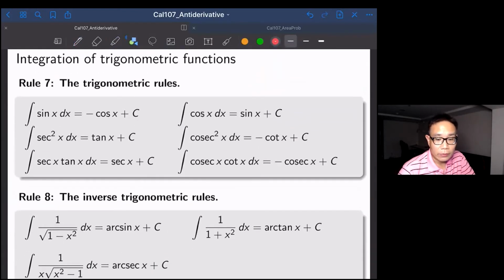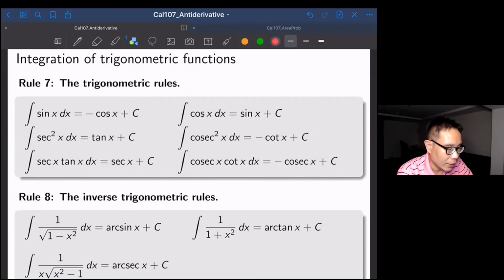The next one will be about integration of trigonometric functions. We learned the derivative of sine equals cosine, and the derivative of cosine equals negative sine. We can read the formula backward.